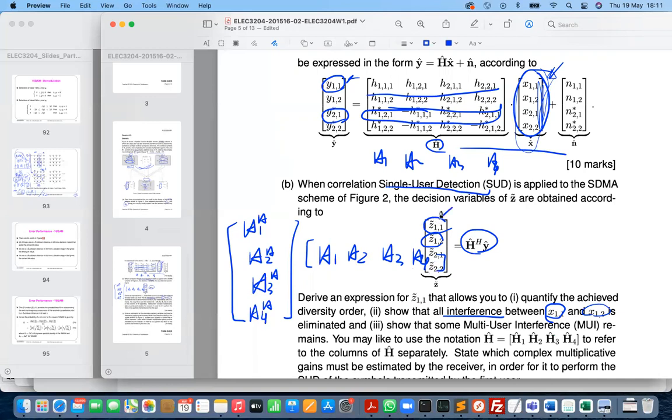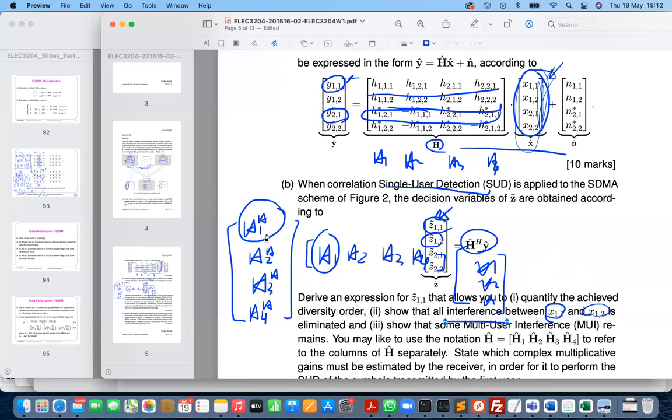So the first decision variable is this one multiply this one, first row, first column. Then you have x1, x2, x3, x4.